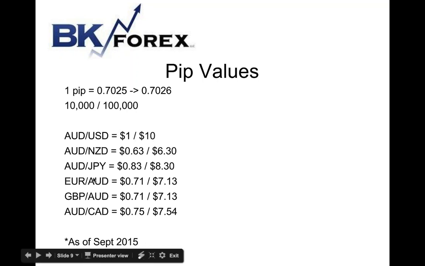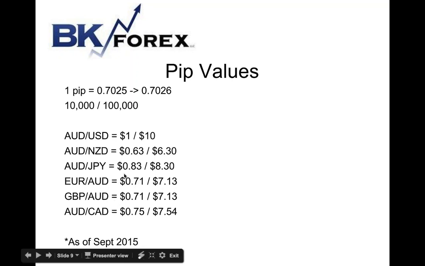Now, everything else, all the other currency crosses, actually require you to figure out how many cents there are. What is the exchange rate, for example, of the New Zealand dollar to the US dollar? What is the exchange rate of the Japanese yen to the US dollar? What is the exchange rate in the euro dollar? Obviously, it's going to be 71 cents Australian dollars.